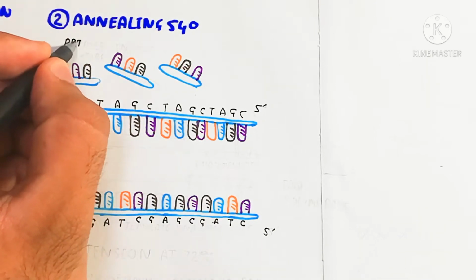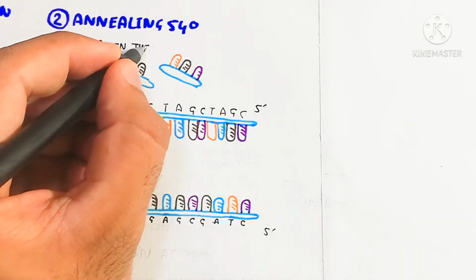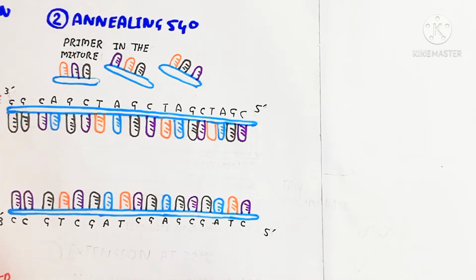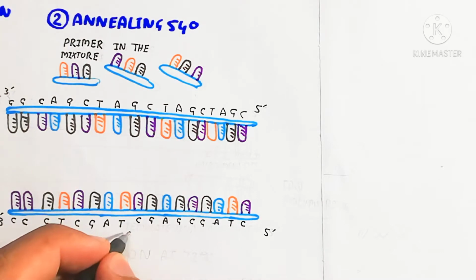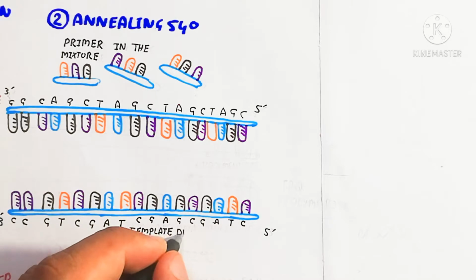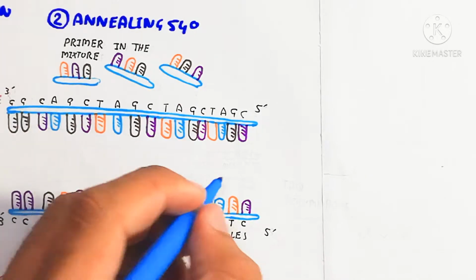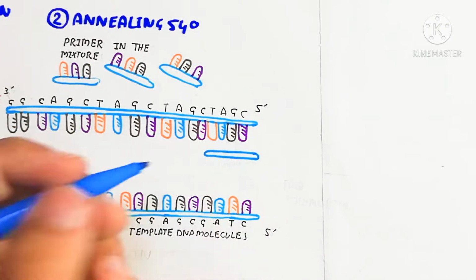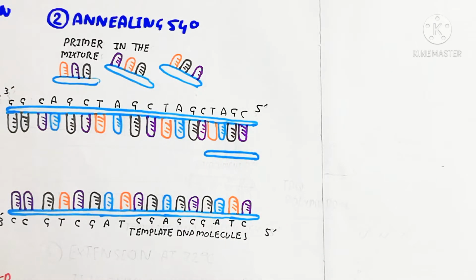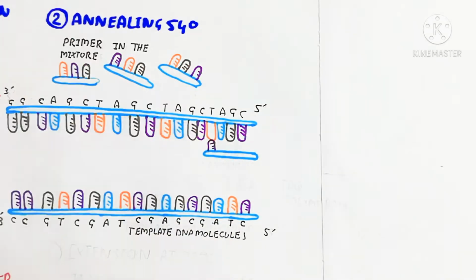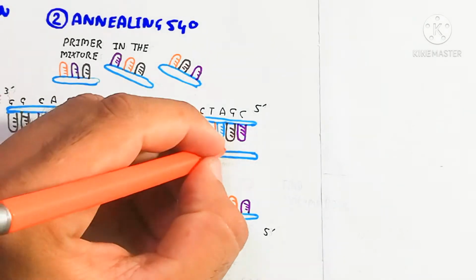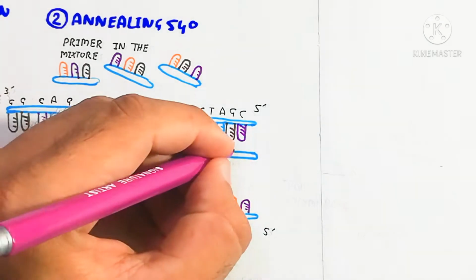degrees Celsius temperature. So the double stranded DNA is here, and the primer in the mixture attaches at the 5 prime end of the nucleotide of the DNA. So the attachment goes on, and the Taq polymerase enzyme is attached at the binding region, the attachment site of the nucleotide.